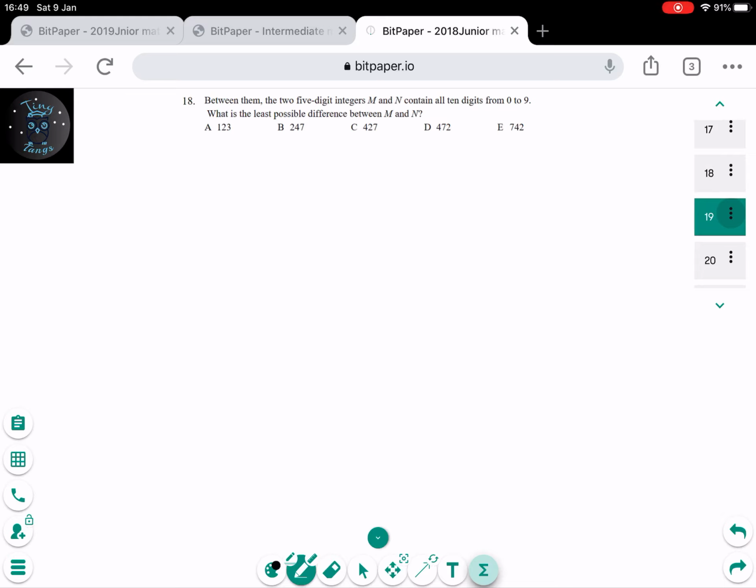For example, because we need two 5-digit numbers, so we need 0. So let's say 0, 1, 2, 3, 4, 5, 6, 7, 8, 9. So 1, 2, 3, 4, 5, 6, 7, 8, 9, 10.